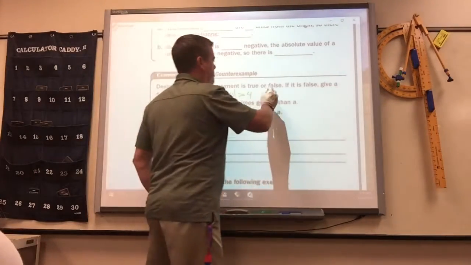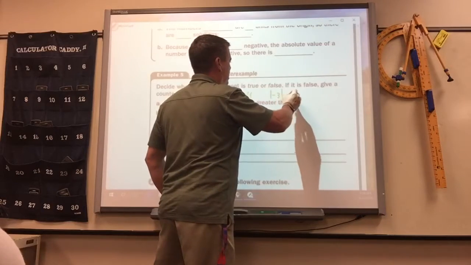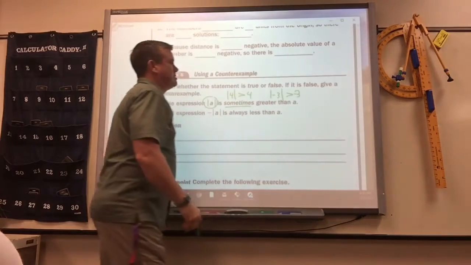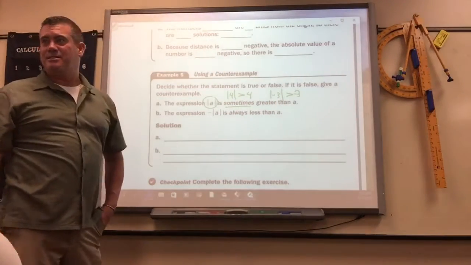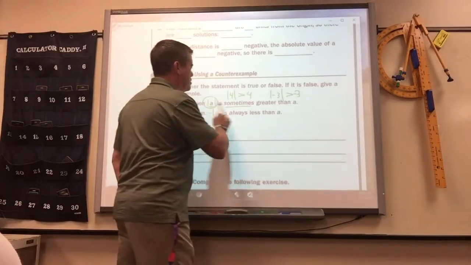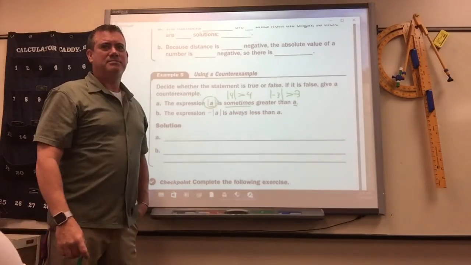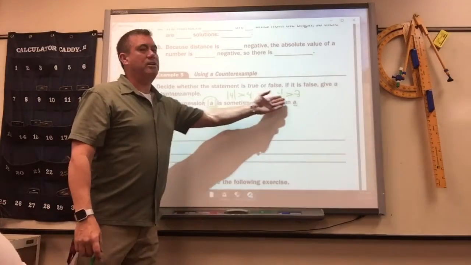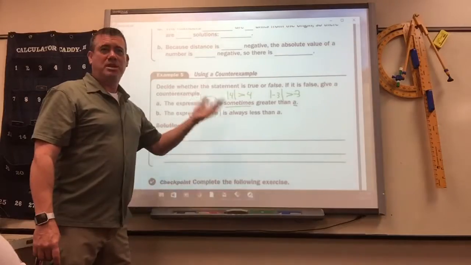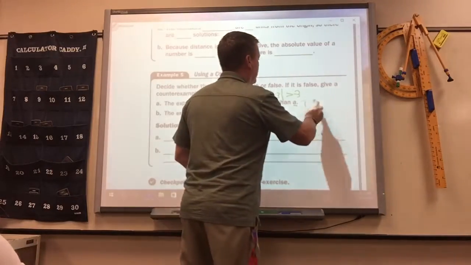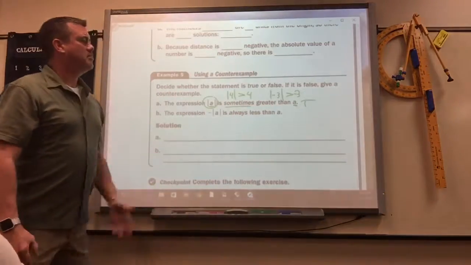Pick another number. The absolute value of negative 3. Could that be greater than negative 3? Yes. See, all they're doing is they're using the same number, but one of them has an absolute value, right? So here it's not, but here it is. So sometimes it is. If they ever give you letters like that, just try a couple of examples.